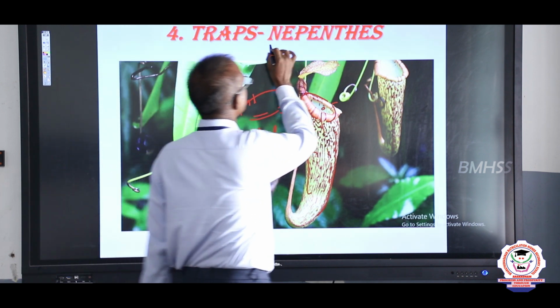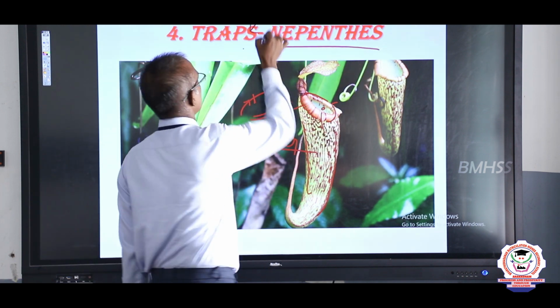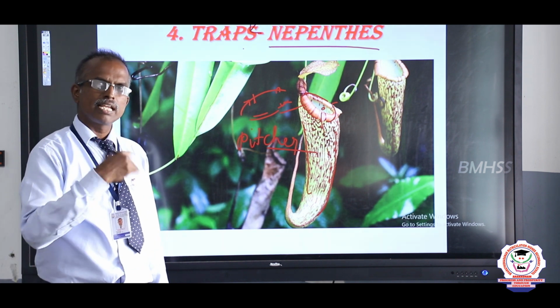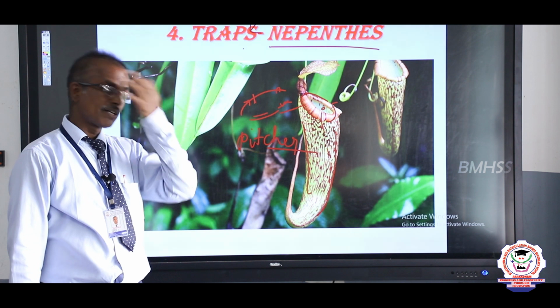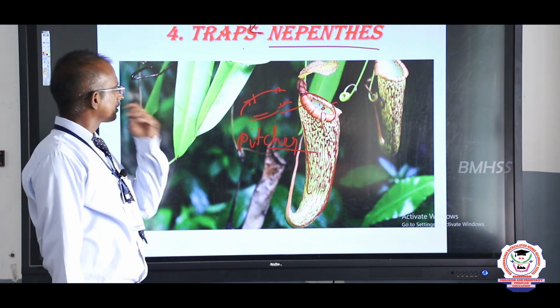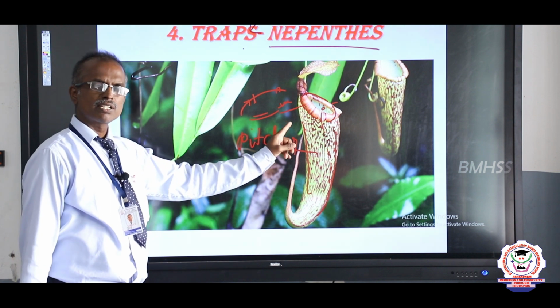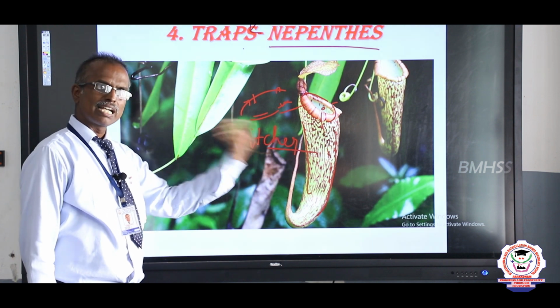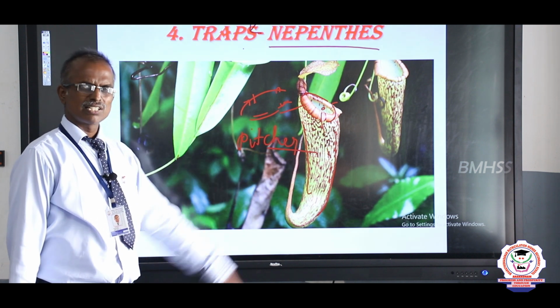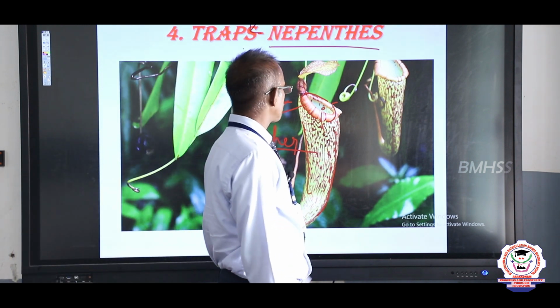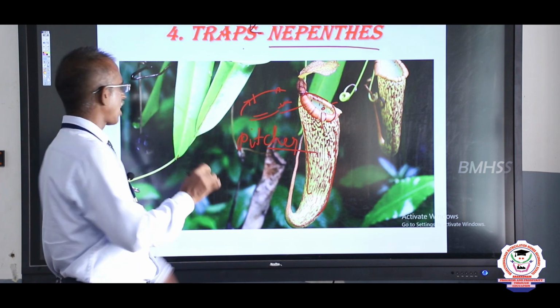That is called Nepenthes. Nepenthes traps insects, so these plants are known as insect eating plants. The plant takes nitrogen by digesting the insect and gets nitrogen for its growth. This is called a pitcher plant.